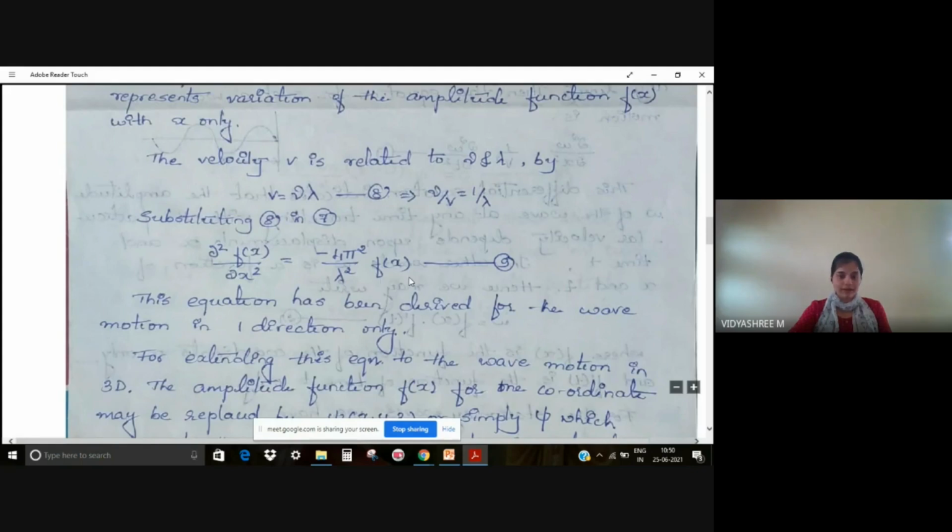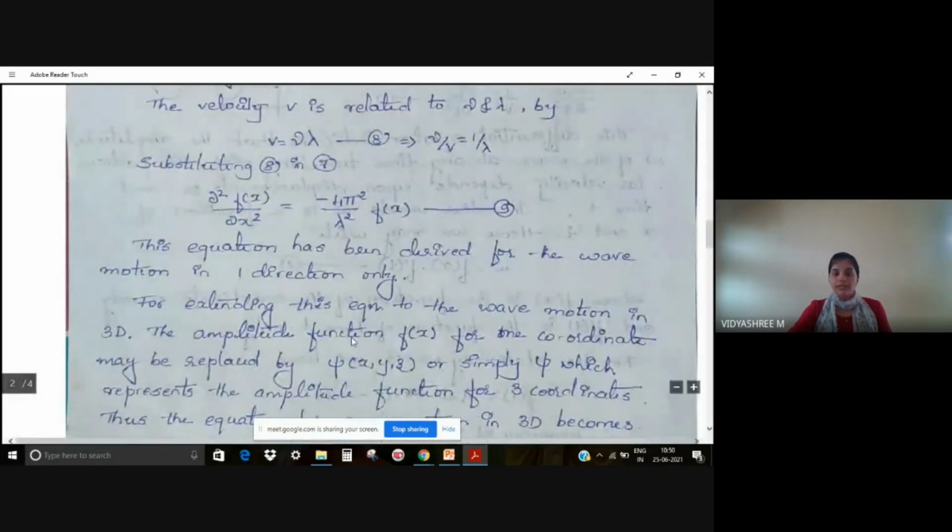This is in only one direction, but we need to consider wave motion in 3 directions. So instead of the amplitude function f of x for one coordinate, we will replace it with a wave function.